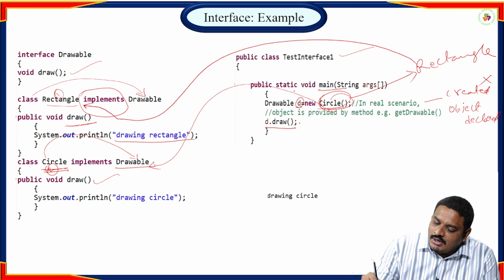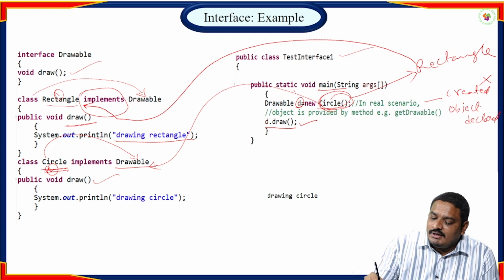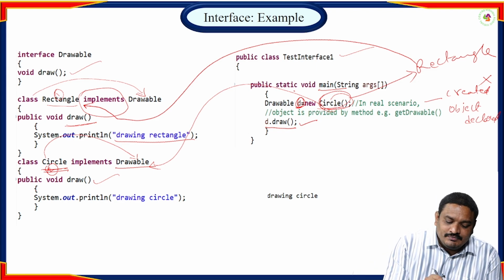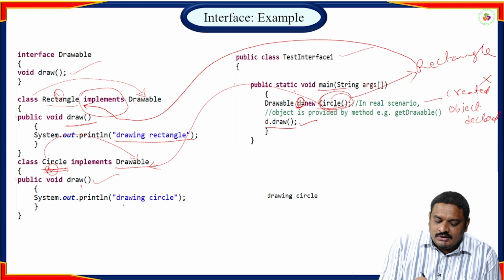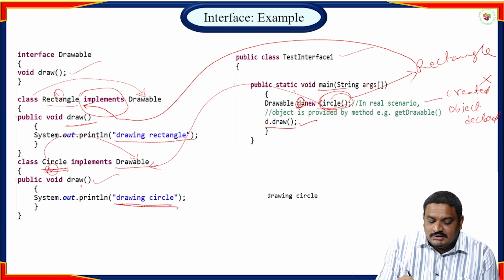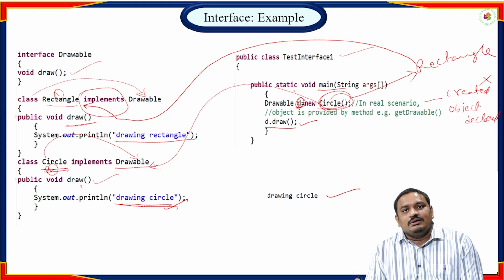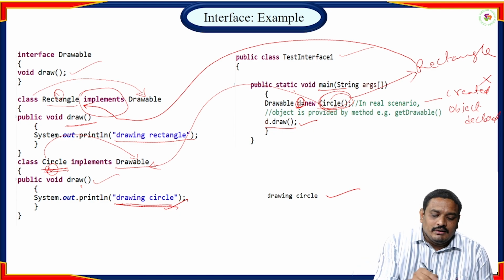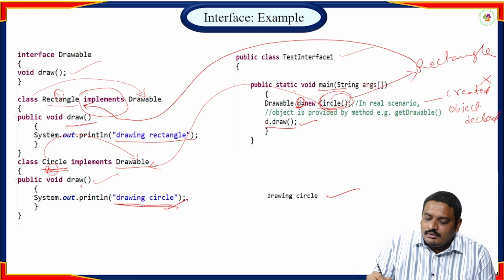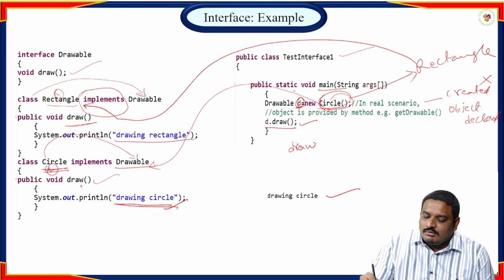Whenever we call the draw method, d dot draw, d is the object for the Circle class. So in the Circle class, what is the draw method? The statement is drawing circle, and this statement will be printed. Sometimes we use Rectangle for Drawable: Drawable d equal to new Rectangle.